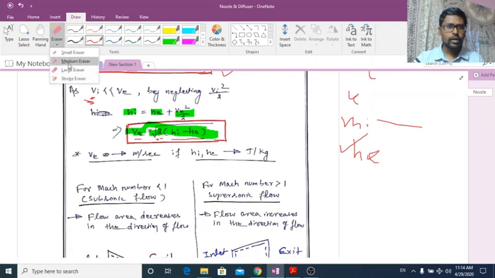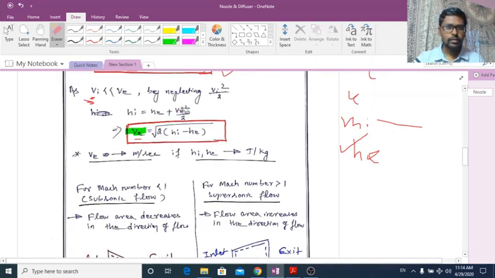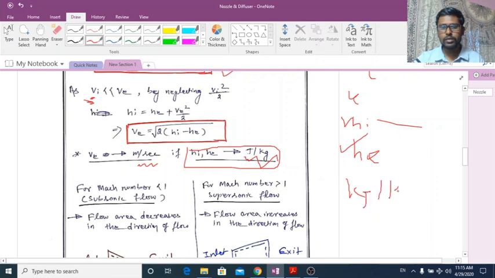One thing I want to highlight here, which most people get wrong: if you put the unit of enthalpy in joule per kg, then you will get the unit of velocity in meter per second. Mostly in the question they give enthalpy in kilojoule per kg, and students directly put kilojoule per kg here and get the wrong answer.